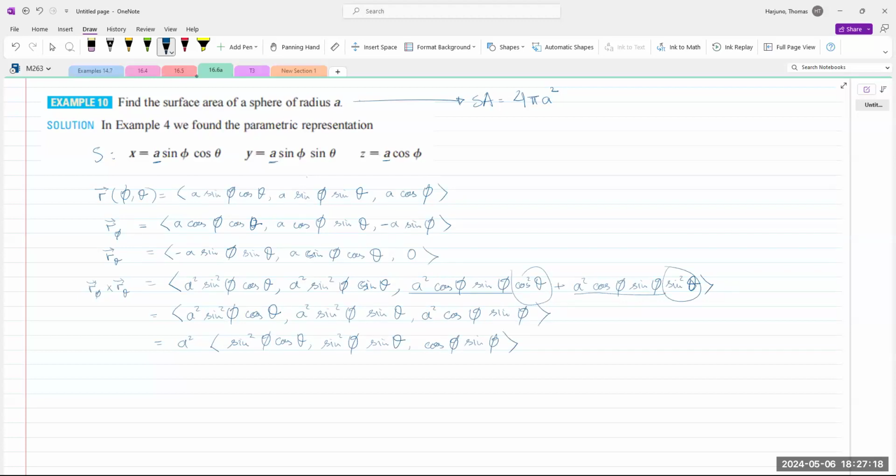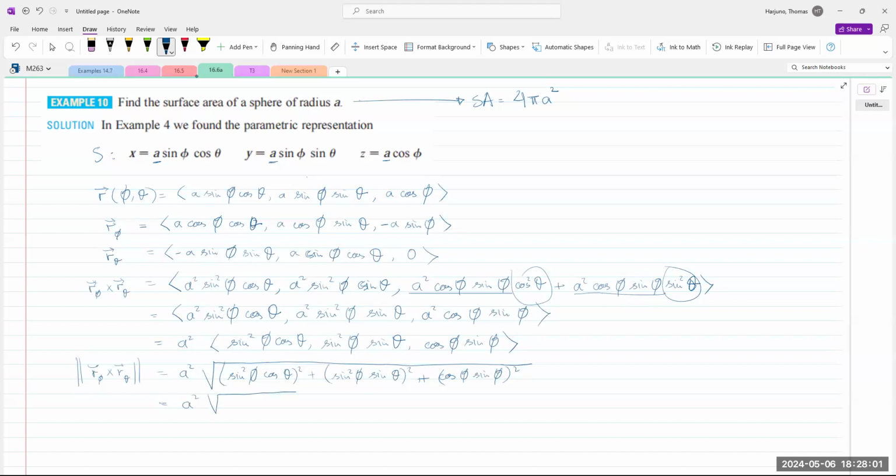Then what happened to the magnitude? The magnitude of r sub phi cross r sub theta equals a squared times the square root of sine squared phi cosine theta being squared plus sine squared phi sine theta being squared plus cosine phi sine phi being squared. Now I will just fast forward.